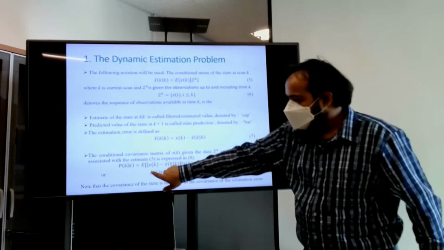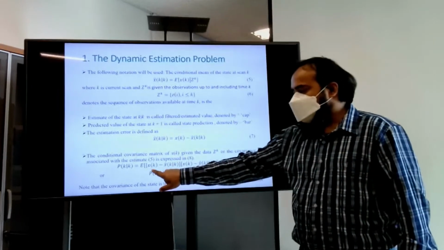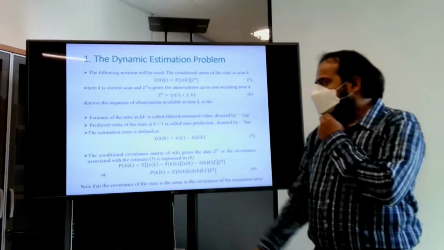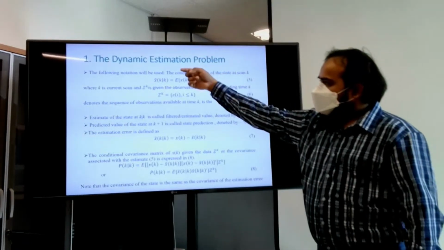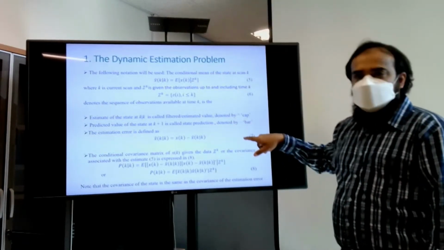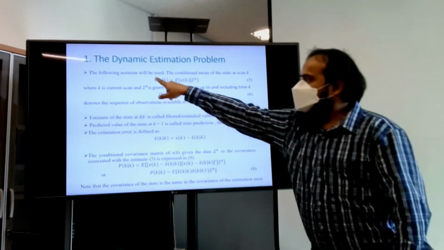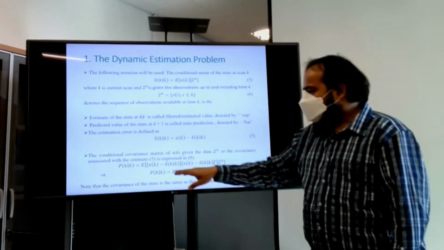In some books and some papers, you can see the cap over here. So this is also the filtered value at the output. These are the notation. If there is a bar, then it is the predicted value. If there is a cap like this, then this is the estimated or filtered value, and the covariance and the estimation error.